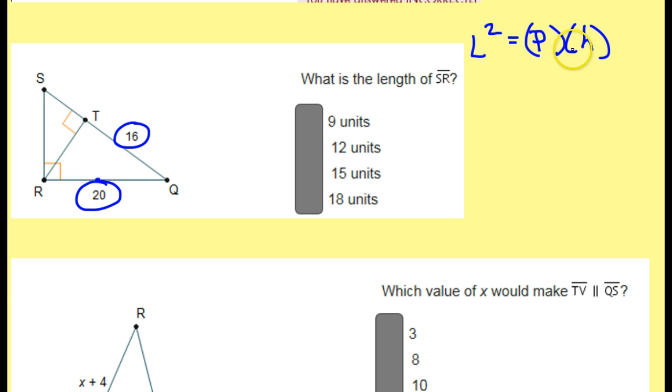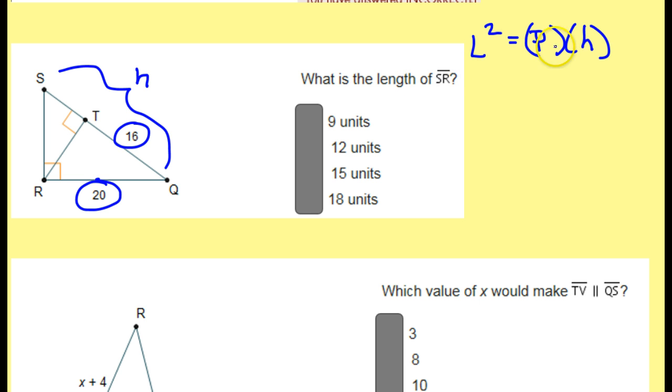I've got the leg and the part. The hypotenuse would be this entire thing. I don't know what that is, but I could figure it out. That's the one unknown here.